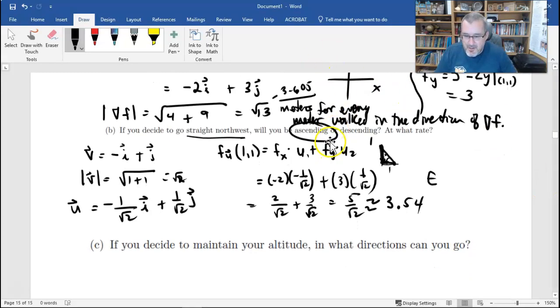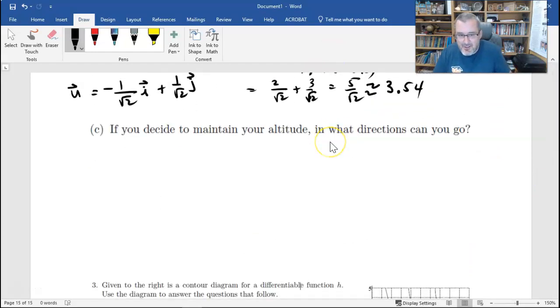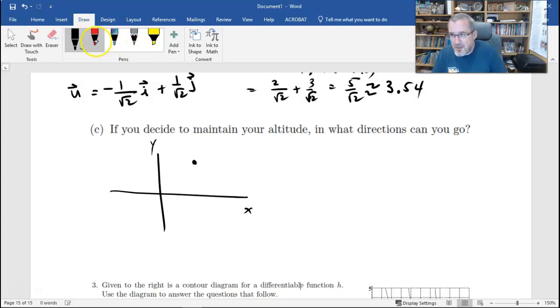Now, what if you maintain your altitude? What directions can you go? Now, I love this question. We're at the point 1, 1. Notice how I always label my axes. If I don't, yell at me. Now, I'm just going to pretend we have some kind of a contour here just to make my point.